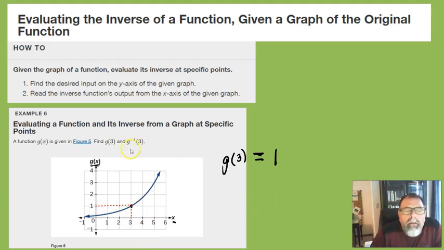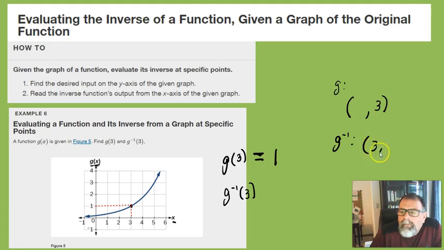Now, for g inverse of 3, if this is g, we want the output to be 3. The input here for g inverse is going to be the output for g.